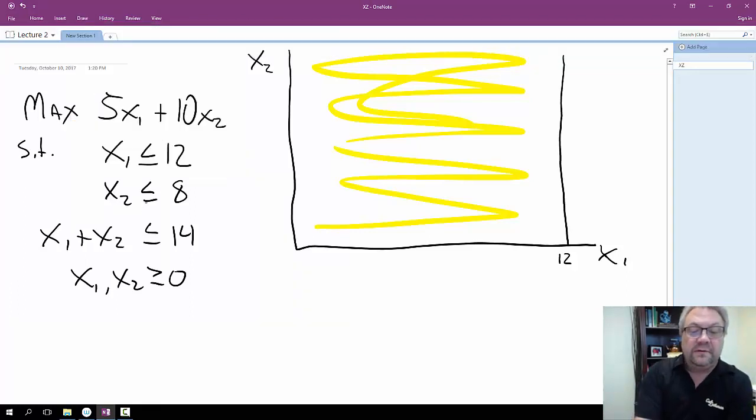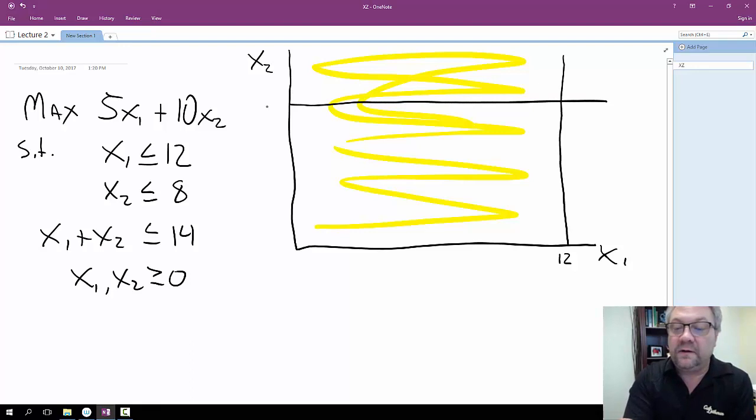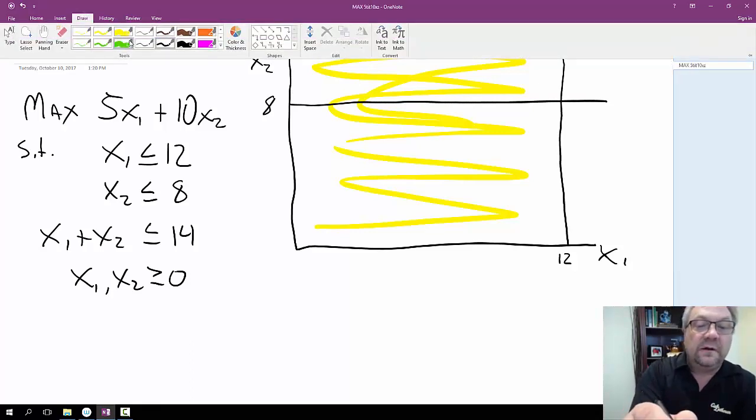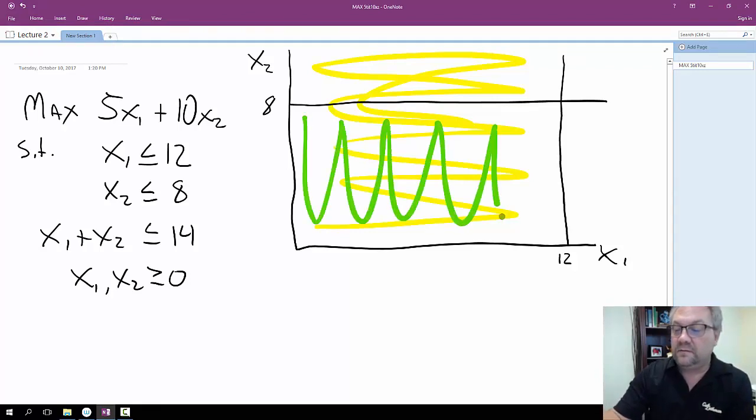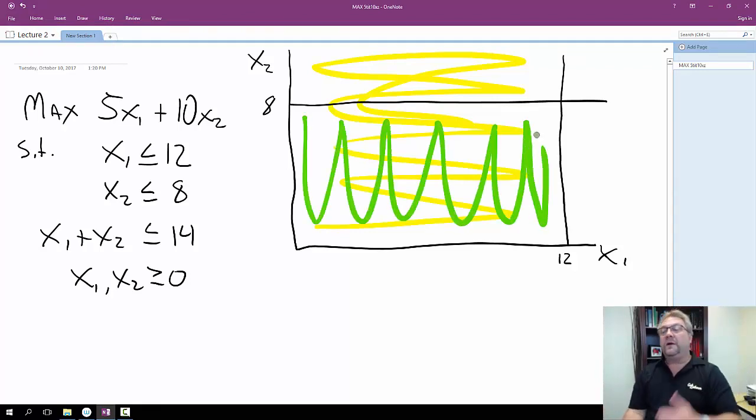Okay, x2 less than or equal to 8. So here's 8. Less than or equal to, I'll use green. That's this area.